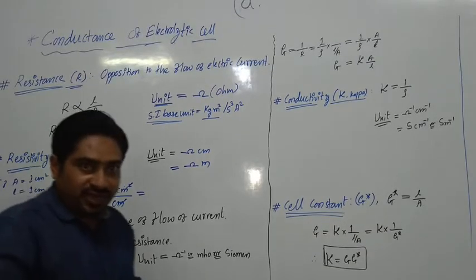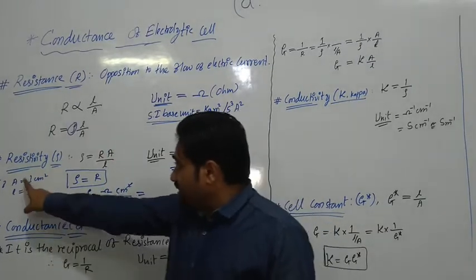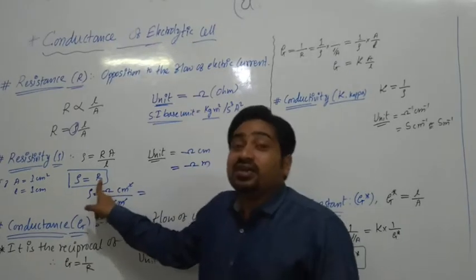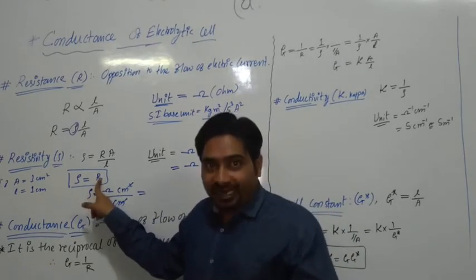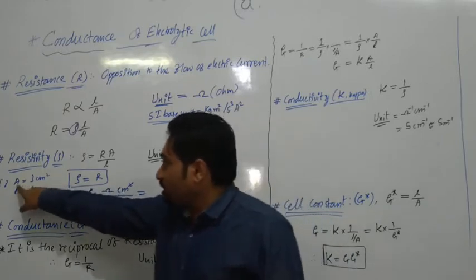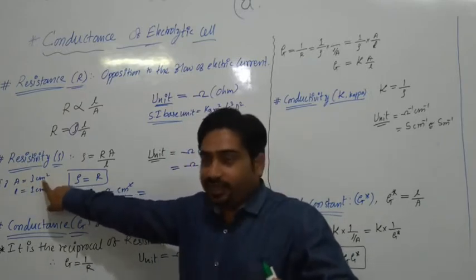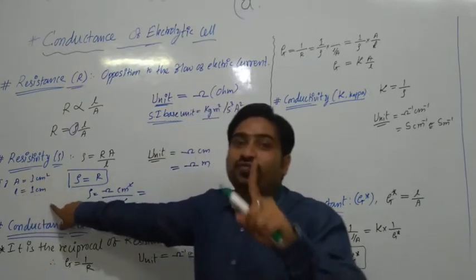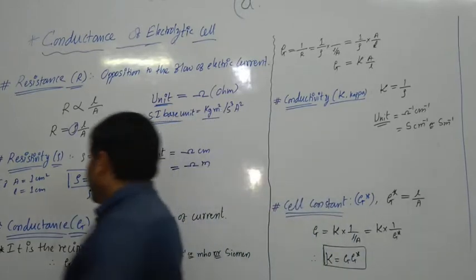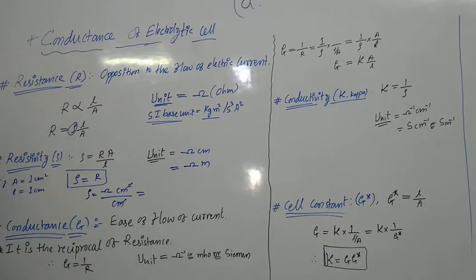Resistivity is defined as the resistance of a material when the cross-sectional area is 1 square centimeter and the length is 1 centimeter.